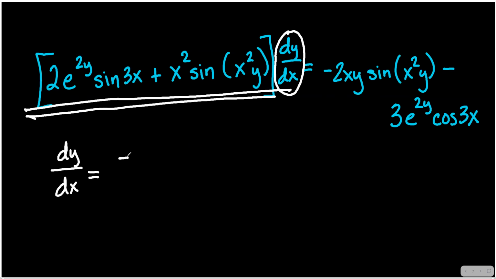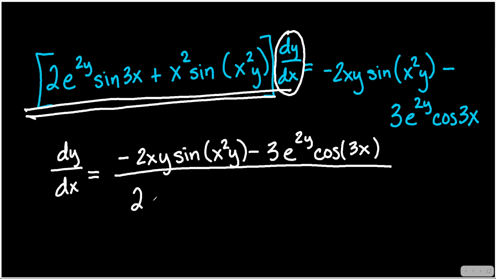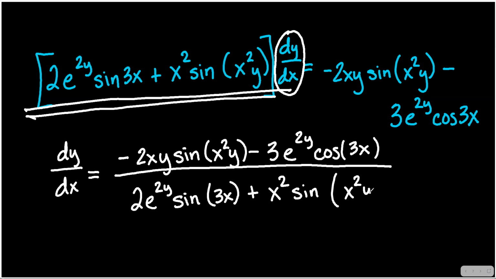So I'm going to have my negative 2xy sine of the quantity x squared y minus 3e raised to the 2y cosine of 3x. And that's all divided by this big blob right here. So 2e to the 2y sine of 3x plus x squared sine of the quantity x squared y.